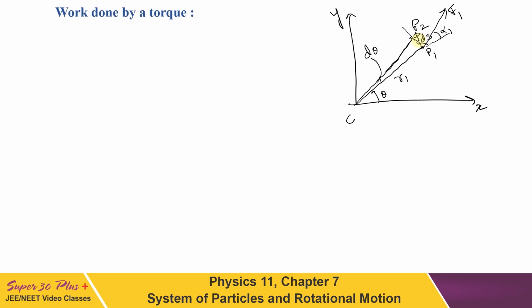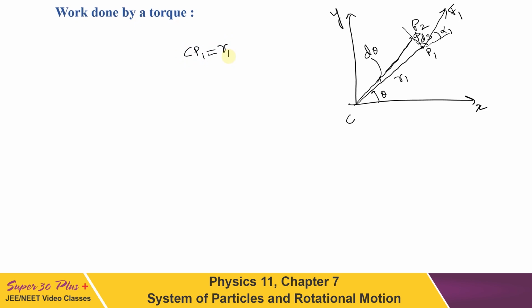Now if we consider torque of force F1 which is acting on the particle P1, and if we consider that the particle at P1 is describing a circular path, radius of which is R1, of course it will be easier to derive then. So C will be at the center, and radius of path is CP1, equal to R1.